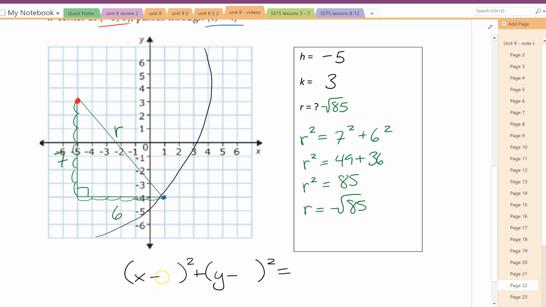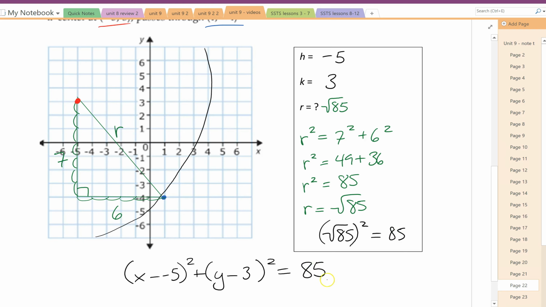Okay, I said h was negative 5, k was 3, and the radius is the square root of 85. Well, remember, the part that goes over here is the radius squared, and so the square root of 85 squared is just 85. So over here I'm going to put 85.